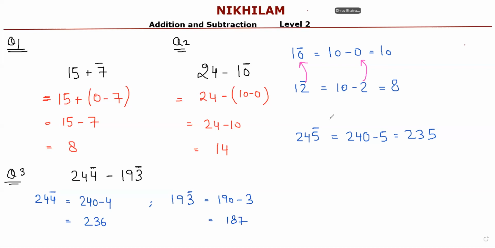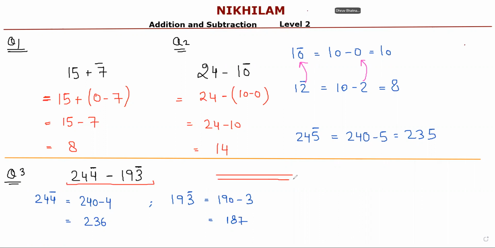So our question is, let me draw a line so that you will get to know where we are focusing. Now, our question was this much. So this question is now equal to 236 minus 187.